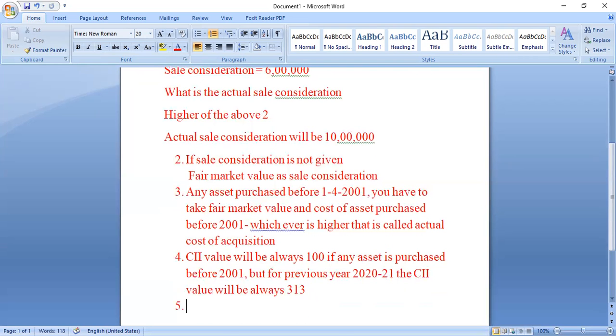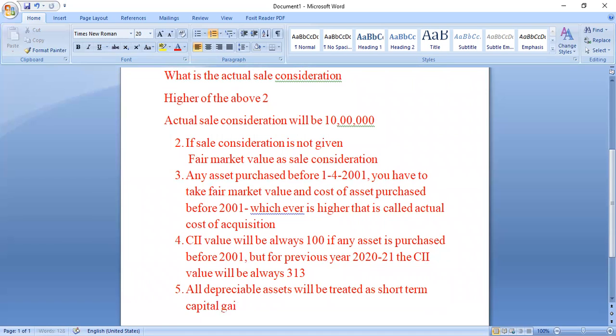The next important point is that all depreciable assets will be treated as short-term capital gain or loss irrespective of the duration.